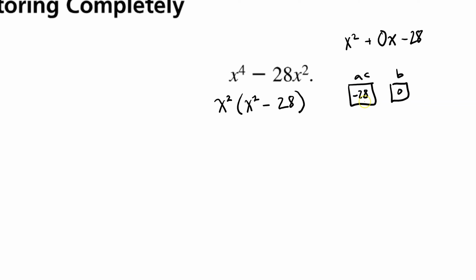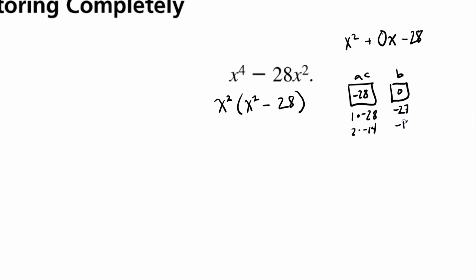And since 28 is negative, one must be positive, the other must be negative. Since I look at 0, it doesn't really matter which one I put the negative on. So I say 1 times negative 28, and that'd give me negative 27. That's not 0. 2 times negative 14.